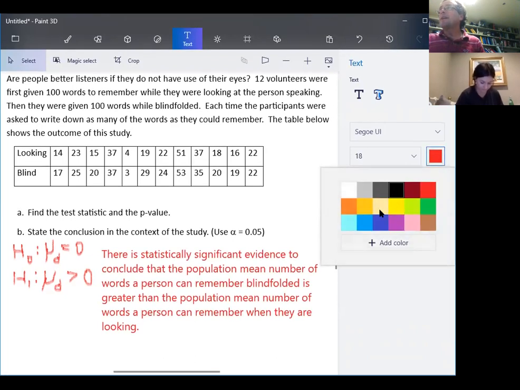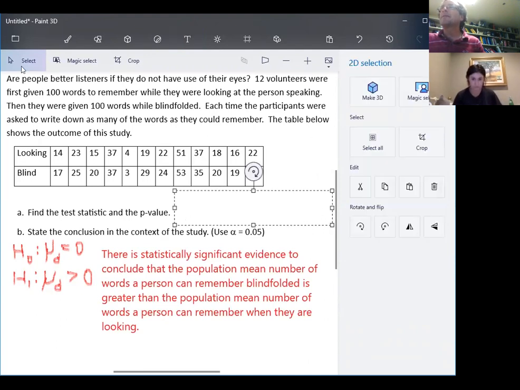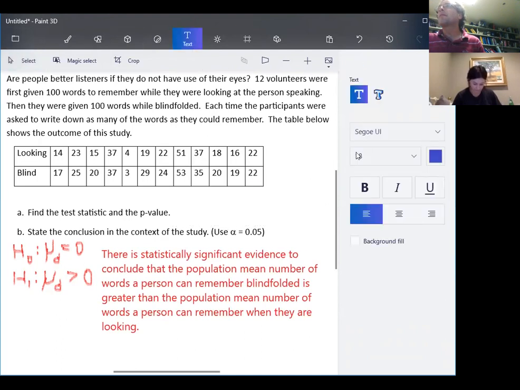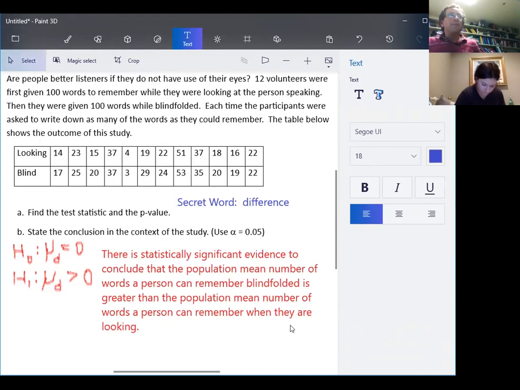We're not done yet, but we're done with chapter 10 stuff. And the secret word is difference. Because this chapter is all about finding hypothesis tests for a difference.